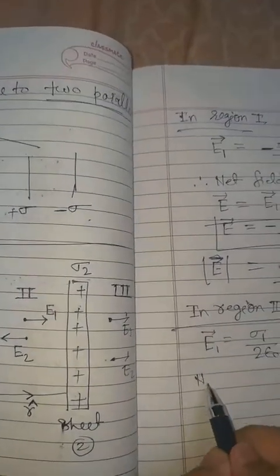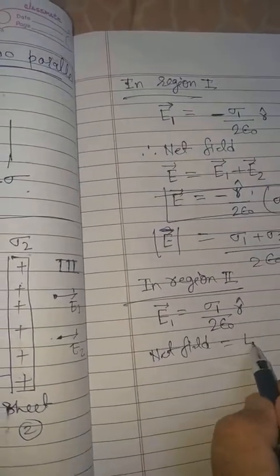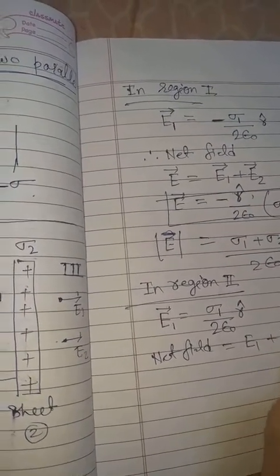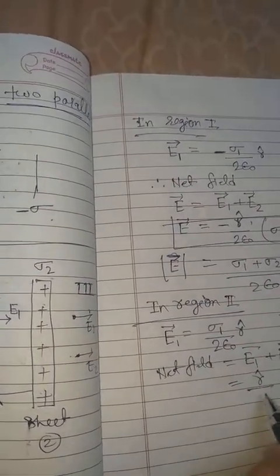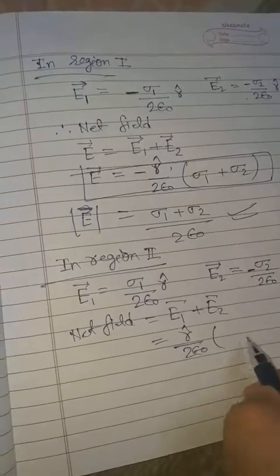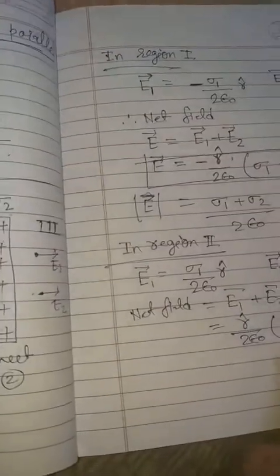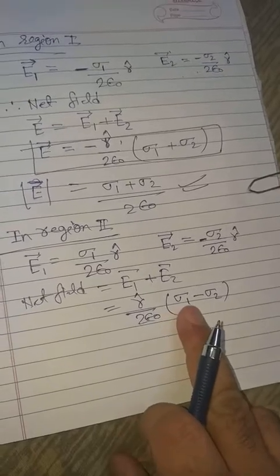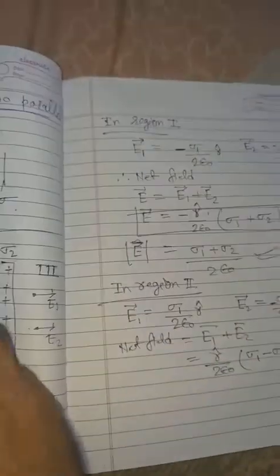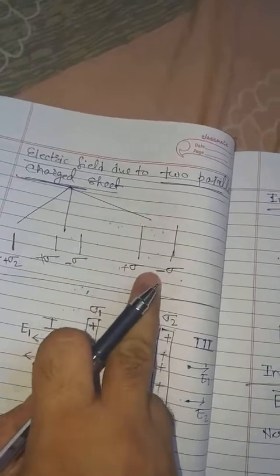Now the net field is E1 plus E2 again. r cap and 2 epsilon naught are common, sigma 1 minus sigma 2. If sigma 1 and sigma 2 are equal, then it becomes 0. That is a case.